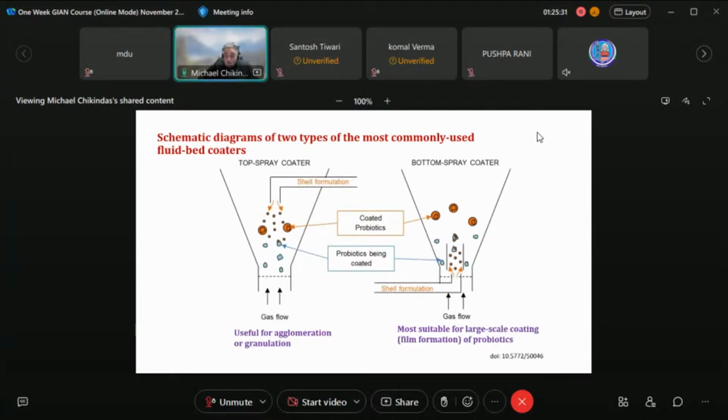Schematic diagram of most commonly used fluid-bed enclosures, and they can be either top sprayers or bottom sprayers.